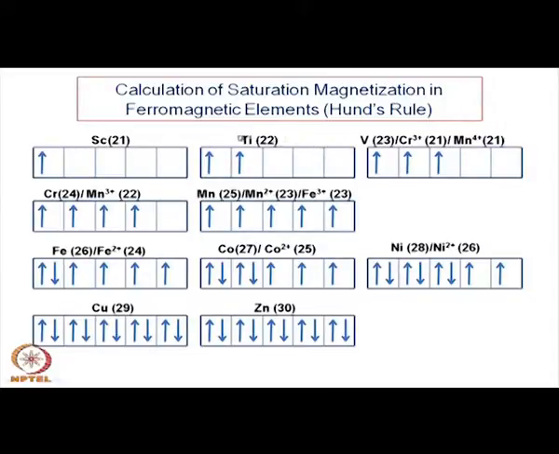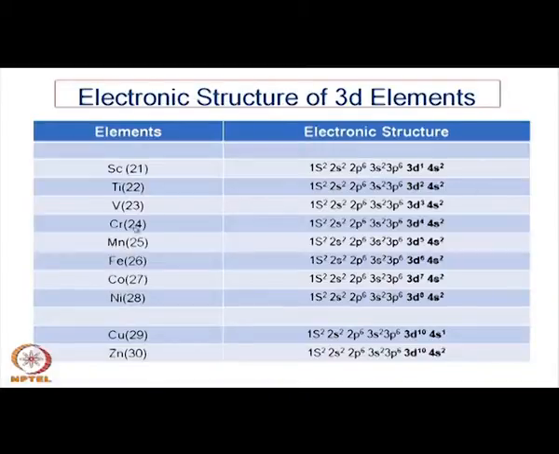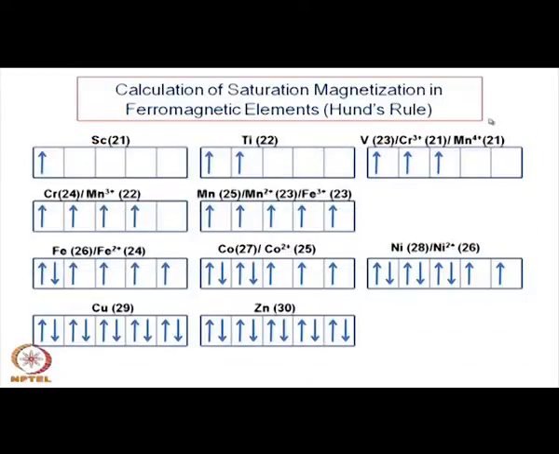Now, in addition to the elements, this is scandium 21, titanium 22 electrons, we have vanadium 23. Now, there are a few other ions also mentioned, and the number of electrons is 21. If you go back to the earlier table, chromium has 24, and if you have chromium 3 plus, that means 3 electrons have been removed. So, it becomes 24 minus 3, which is 21 electrons.